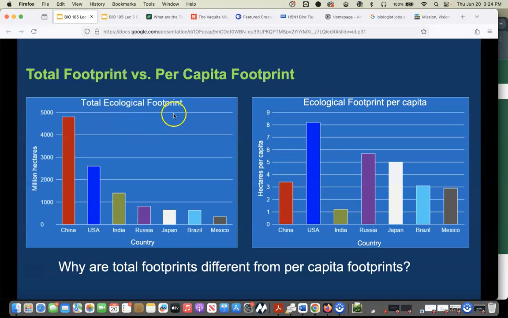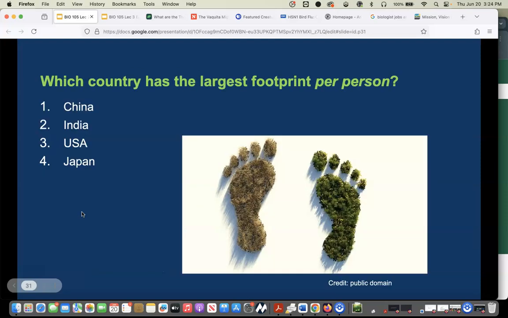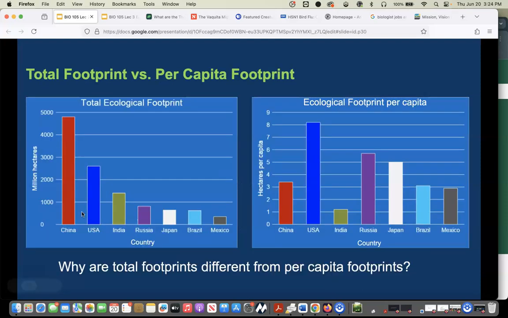So when we look at total ecological footprints versus per capita, and remember, this question is per person, you might think, well, the total ecological footprint for China has got to be way more than the US, right? And yes, it is, because there are simply way more people in China.